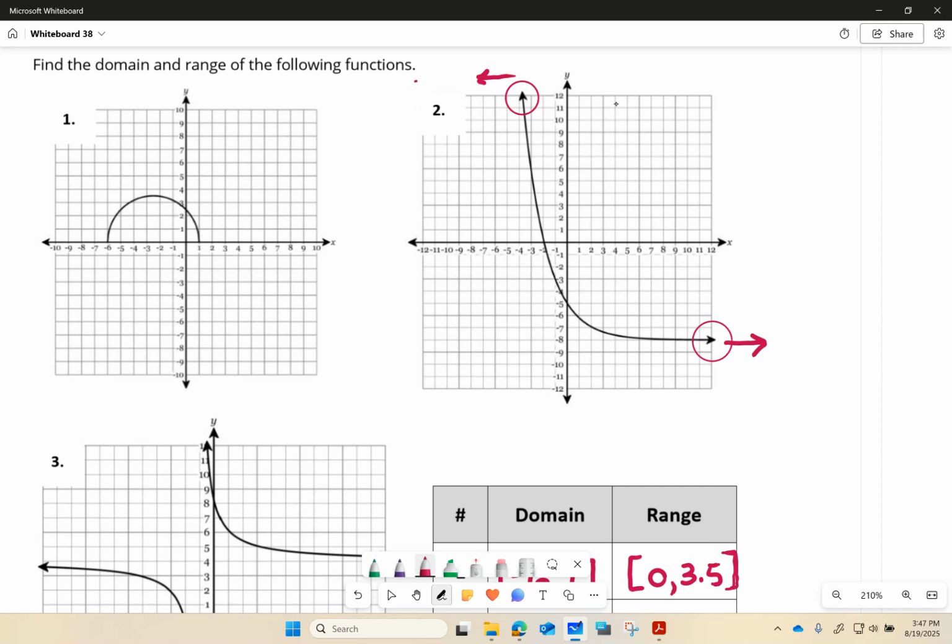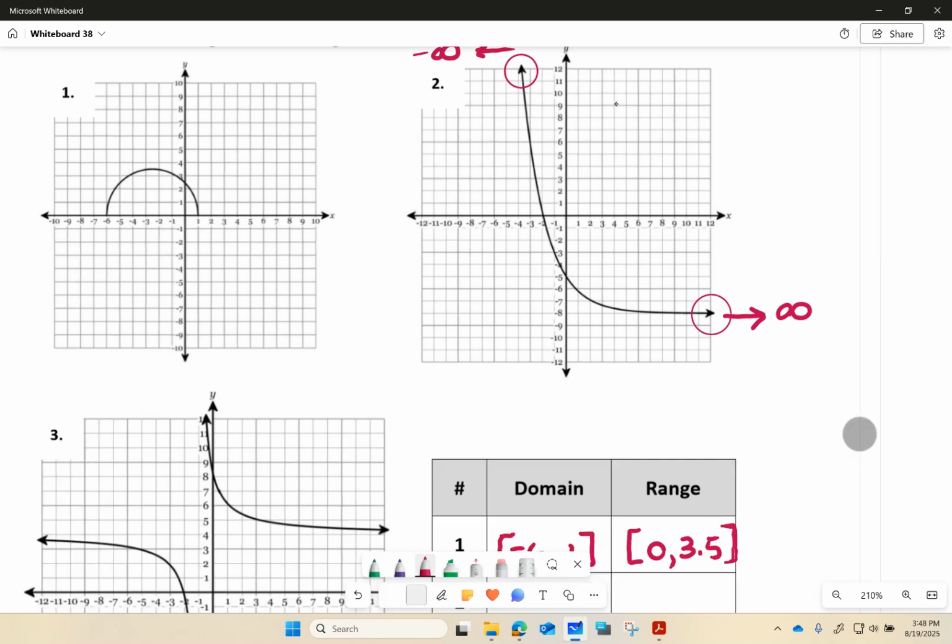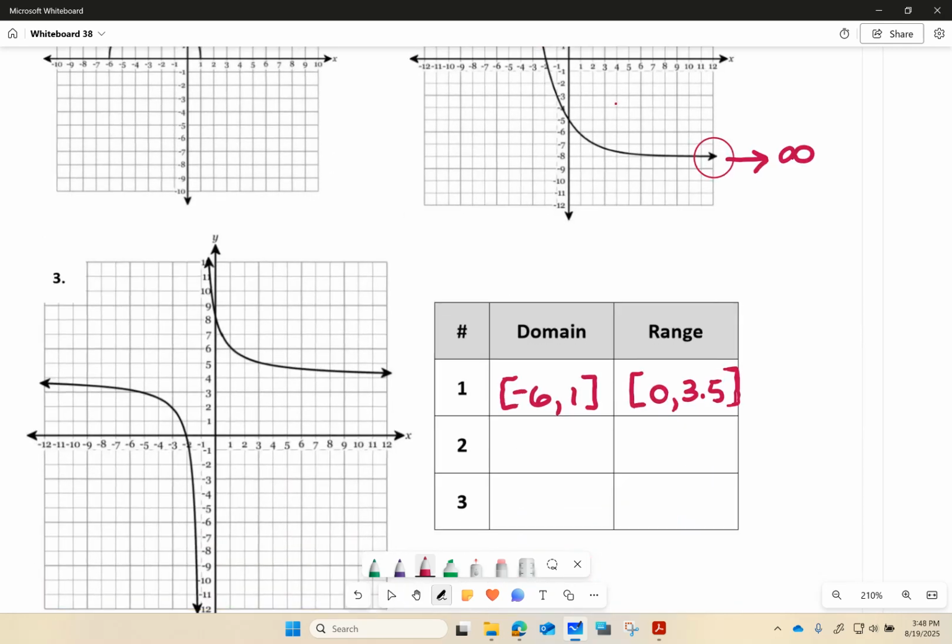It's moving left negatively forever, and it's moving right positively forever. So the domain is going to be -infinity to +infinity.